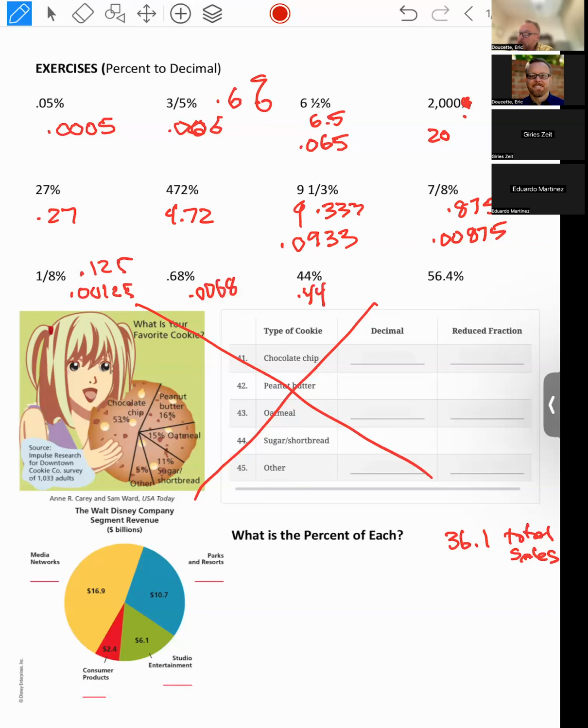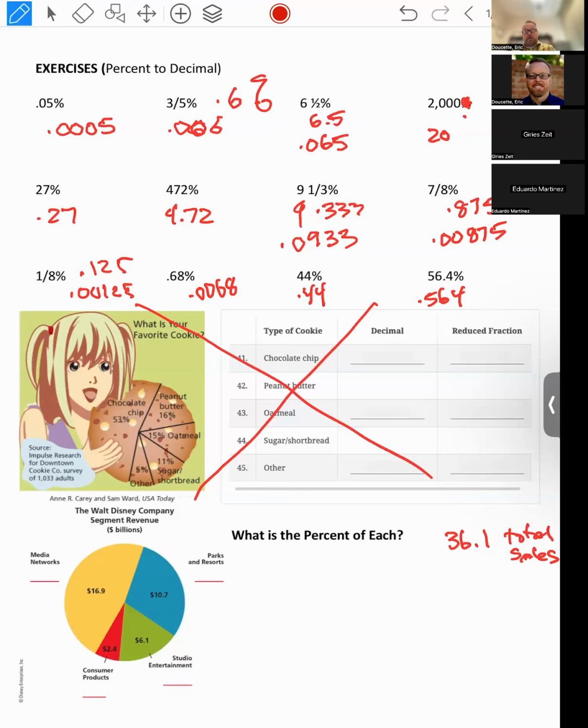And then 56.4 would be 0.564. So all I did was move the decimal point 2 spaces to the left, and that gave me the decimal equivalent. And of course, wherever the percent is, if there's no decimal point, that is where the decimal point starts. So there's your answer to all those.